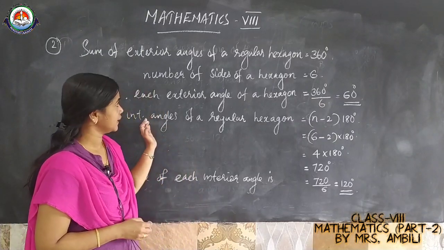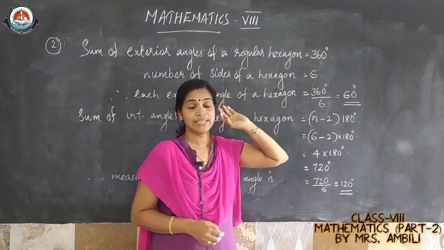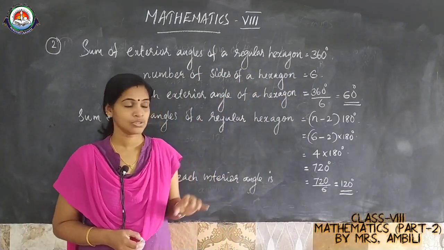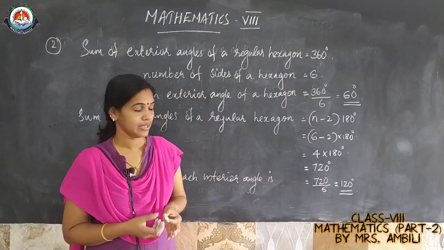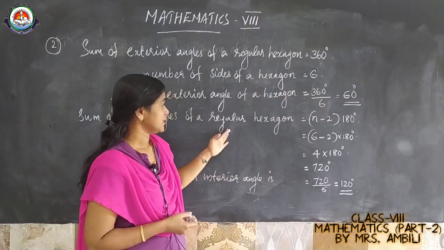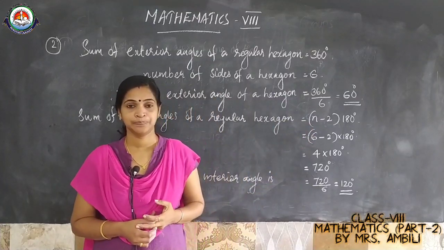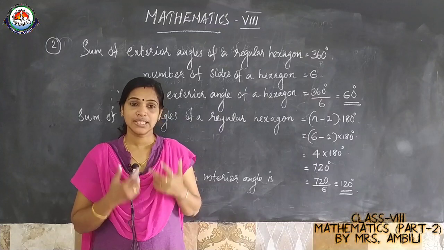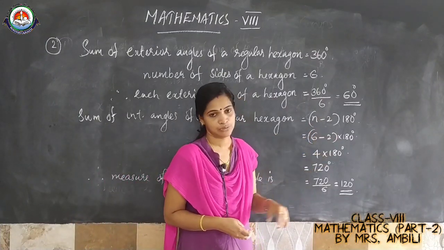So finding the exterior angle is easy because everywhere the sum is 360 degrees, so you need to divide by the number of sides to get each exterior angle. But interior angles change according to the sides. Hexagon means 6 sides, so we write 6 minus 2.